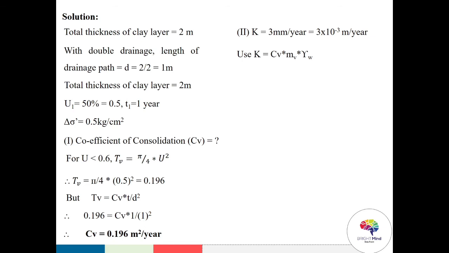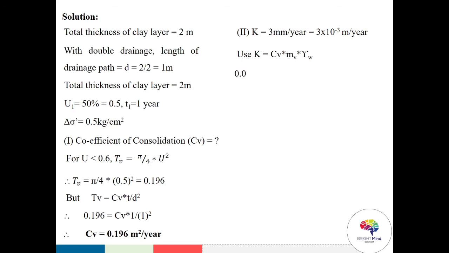So the coefficient of permeability is known, the coefficient of consolidation is also calculated, and the unit weight of water is assumed as 10 kilonewton per meter cube. So the only unknown, MV, that is the coefficient of volume change, can be computed using this expression.